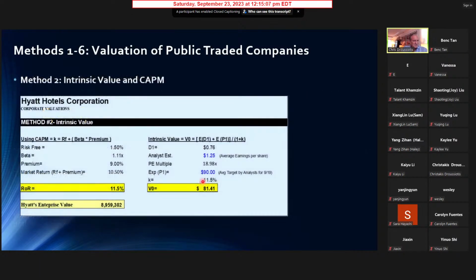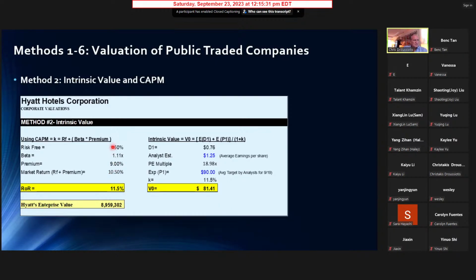So let's look at an example. Hyatt Hotels, most analysts say the stock is going to be $90 a year from now. Remember, it's 76 now. I take the 90 plus the dividends the company is going to pay, so 90 plus 0.76, divided by 1 plus some kind of an expectation. I calculate the expectation for Hyatt is 11.5%.